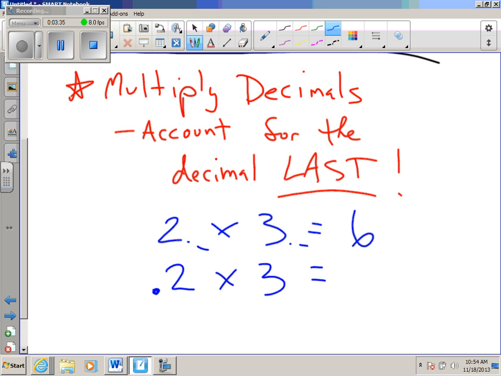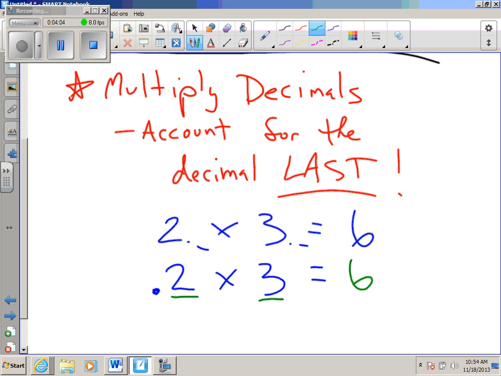Now, 0.2 times 3. Remember what we said in red, we account for the decimal last. So for now, we are just going to completely ignore that it's there, and we're going to focus on just what is 2 times 3. Once I've gotten the product, then I ask myself, how many decimal places do I have in that problem?